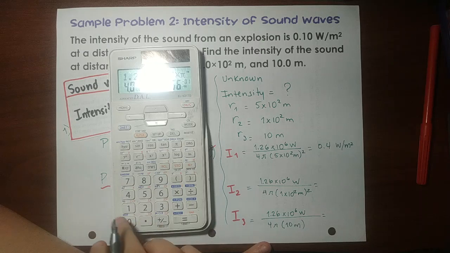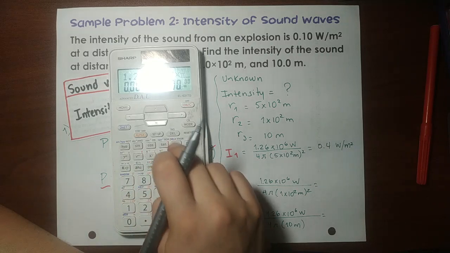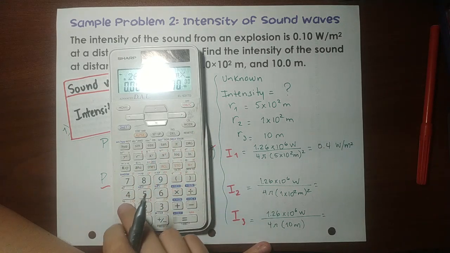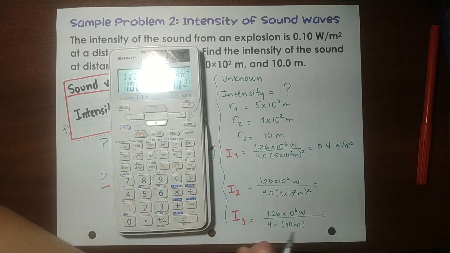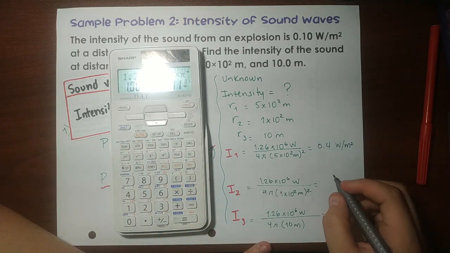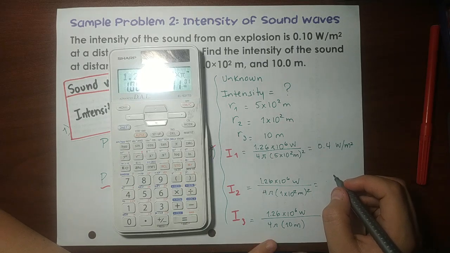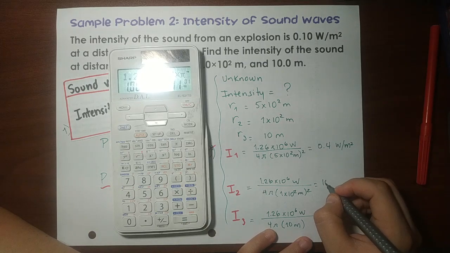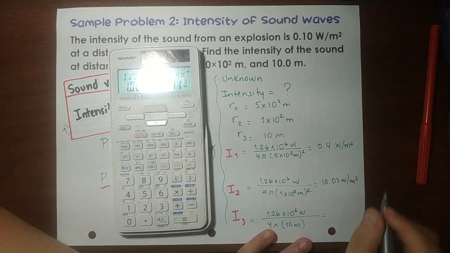This second intensity is 1.26 exponential 6 divided by 4 times pi times 1 exponential 2 raised to the second power. This intensity is 10.03 watt per meter square.